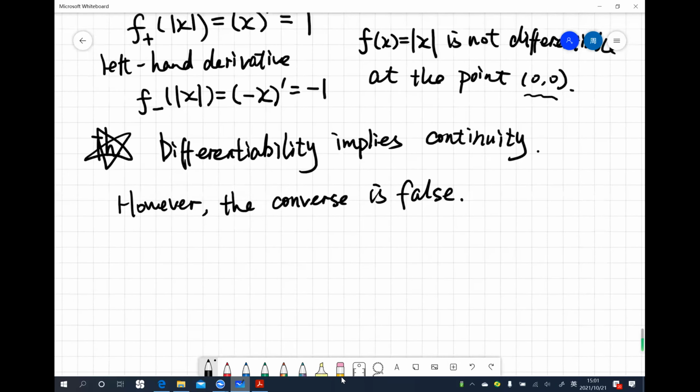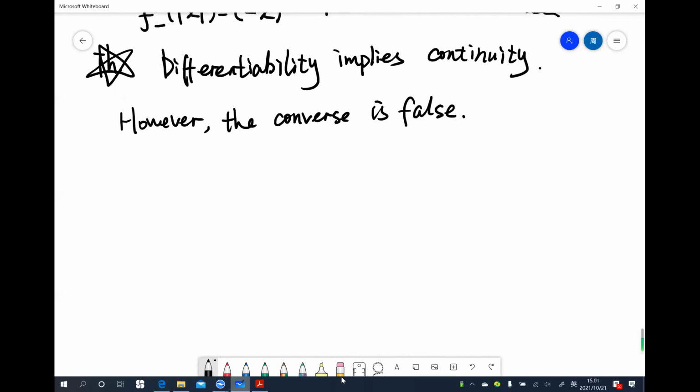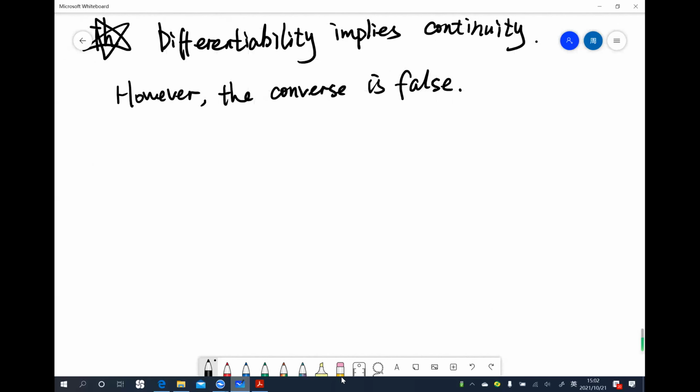Okay, and now I will give you another example to check left and right hand derivative. Here I give you a function, a piecewise function: if x is smaller than 0, then the function is sine x.